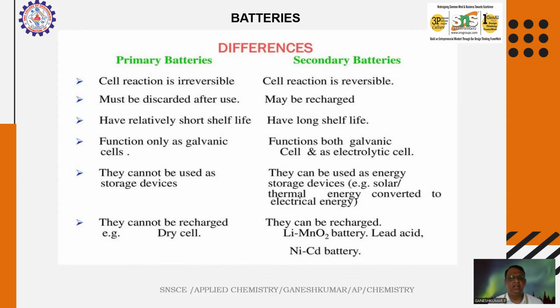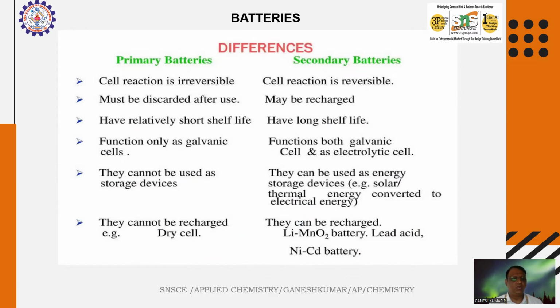The secondary battery may be recharged several times. A primary battery has a relatively shorter lifespan, and a secondary battery has a long lifespan. We use it again and again several times.